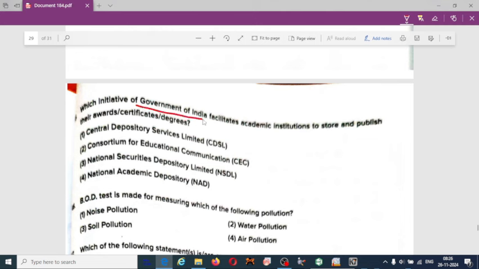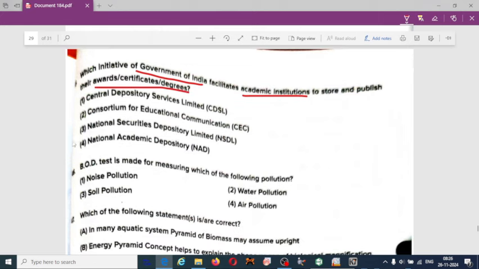Which initiative of Government of India facilitates academic institutions to store and publish their awards, certificates and degrees? Central Depository Service Limited, Consortium for Educational Communication, National Security Depository Limited, or National Academic Depository.